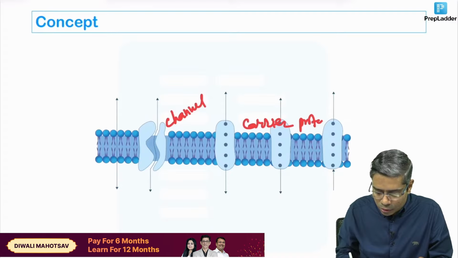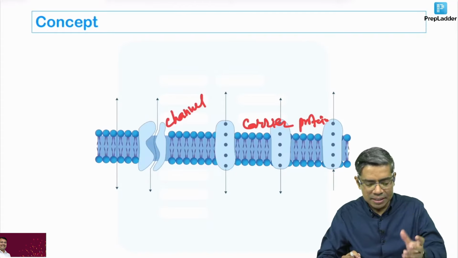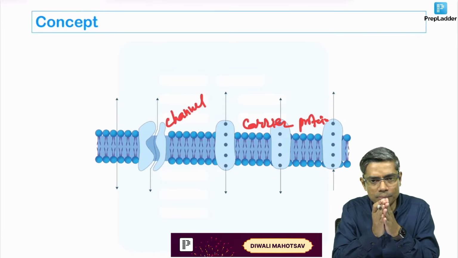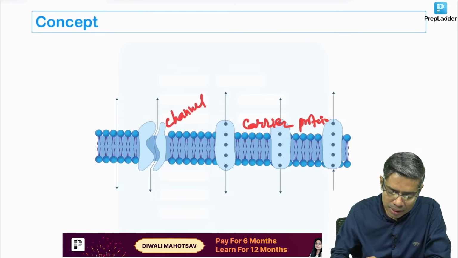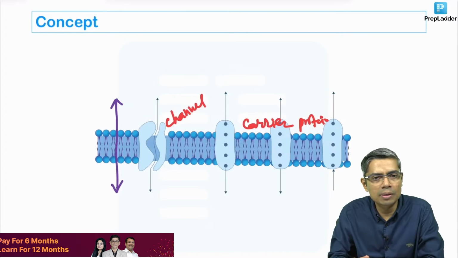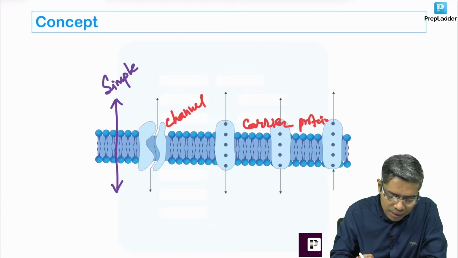Okay. So all of them are proteins, but carrier protein means they can change their shape, and channel protein means they will remain only in the open form or in the closed form. Now any molecule that goes through the plasma membrane without the help of any protein is known as simple diffusion.